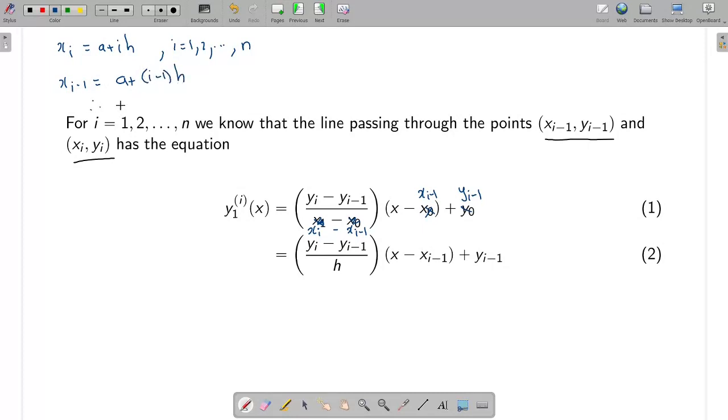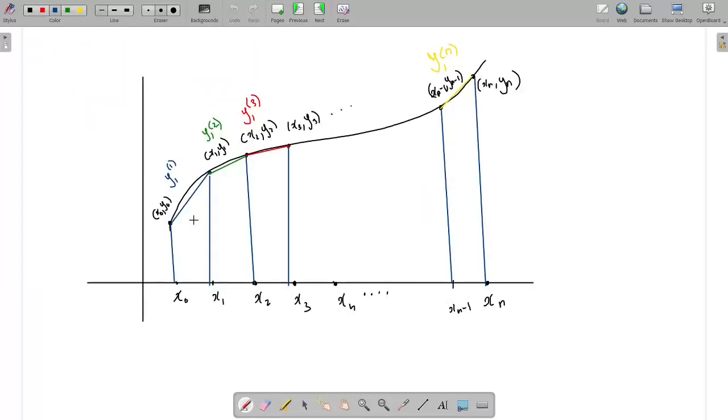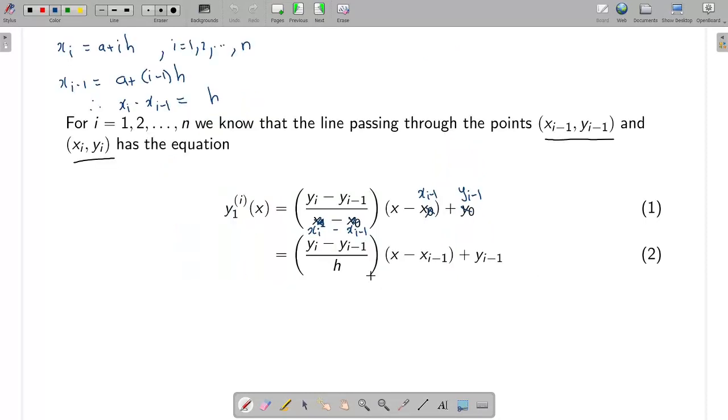If we subtract this, we get h. You can check and see. Essentially, h is the distance between any two consecutive points on the x-axis. So this is what the equation of the line is.